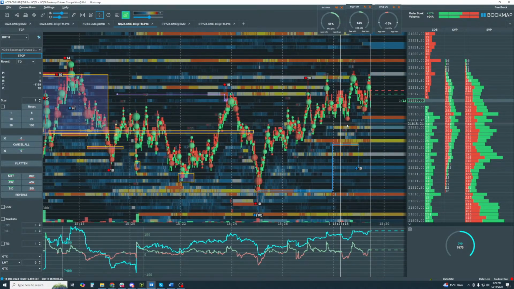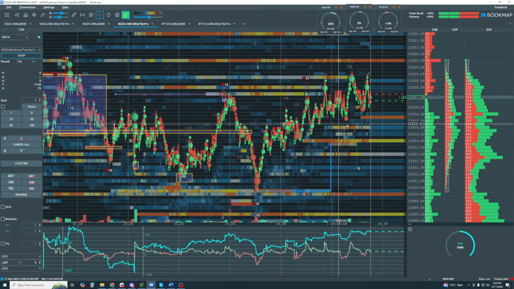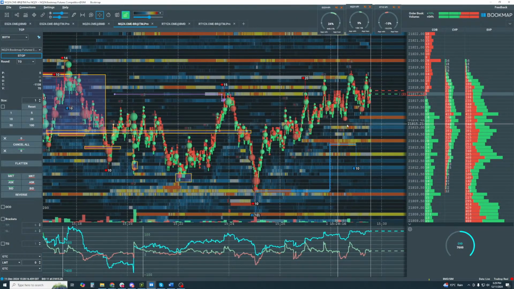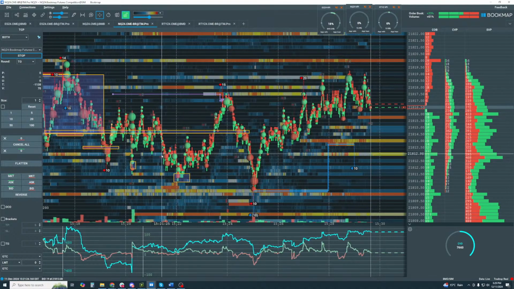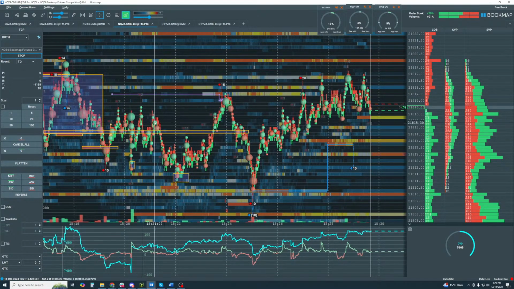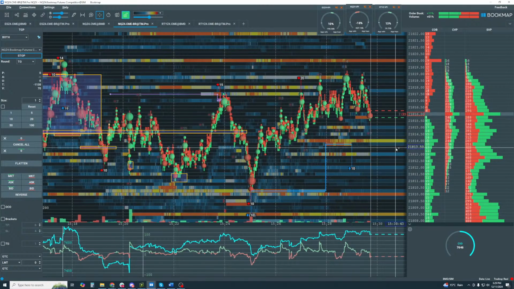Okay, and we have to be patient to wait for that edge. And by getting in with small risk throughout a range, we have just increased our probabilities.